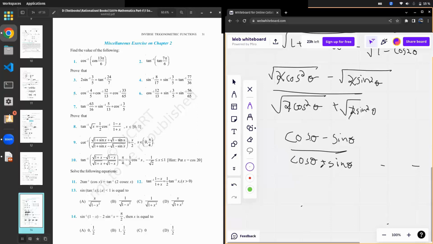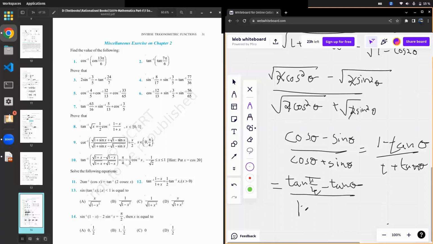So this will be equal to 1 minus tan theta divided by 1 plus tan theta. And if we replace 1 with tan pi by 4, we will get this as tan pi by 4 minus tan theta divided by 1 plus tan pi by 4 into tan theta. So this is equal to tan of pi by 4 minus theta.